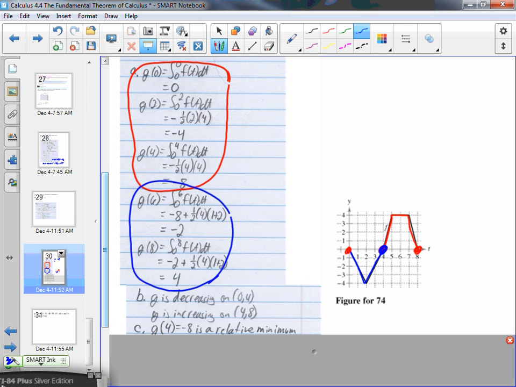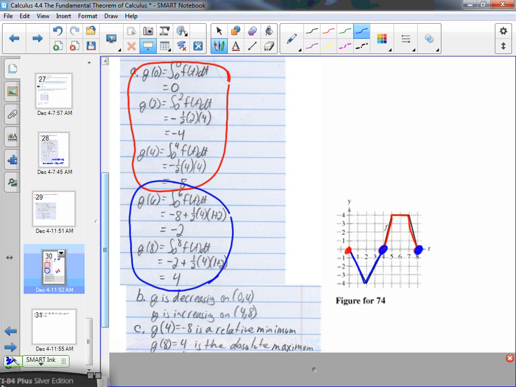All right, then we have another extreme value at 8. What kind is that? If the derivative is positive and then goes to 0, our function was increasing, so we've got a relative max. And I actually called it an absolute max. If you call it relative max, I'm really happy. Do you know why it's an absolute max? Because that's where it ends. Nothing else happens after that.